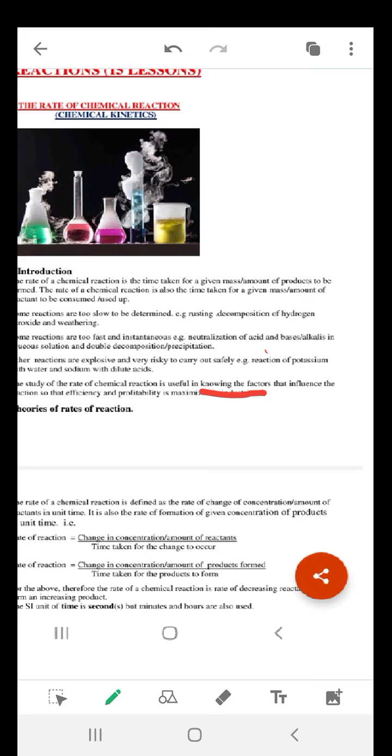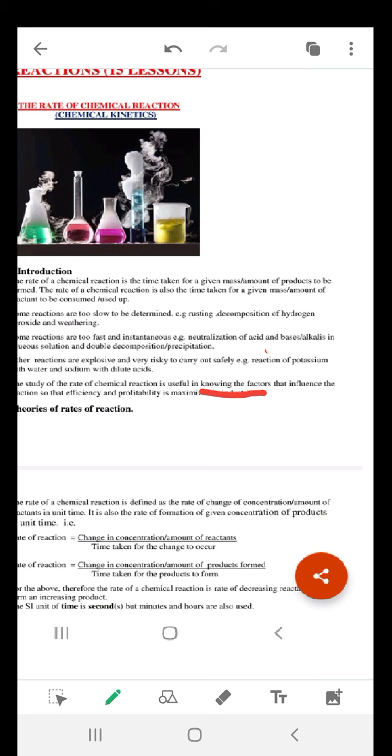So we say the rate of reaction is equal to the change in concentration of the amount of reactants over the time taken for the change to occur. So we look at the change in concentration divided by the time taken for the change to occur.